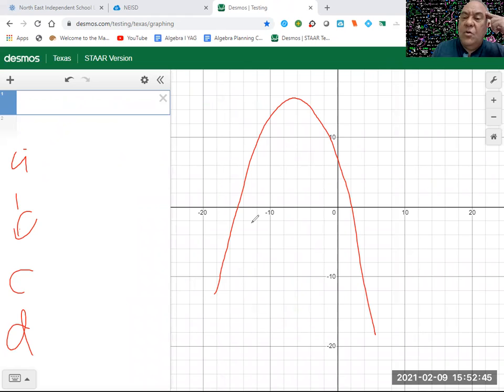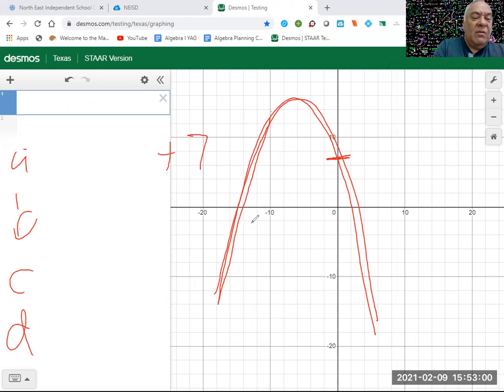Okay, well, you know that the y-intercept is right there. And on this scale, that's a 7. So whatever equation you get, it's got to have plus 7 at the end. You know this is upside down. So whatever is up front has got to have a negative sign in front of it. Okay? And you know this is shifted to the left. So whatever the middle term also has a negative sign in front of it.